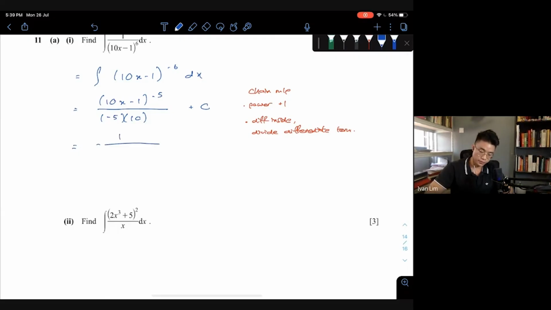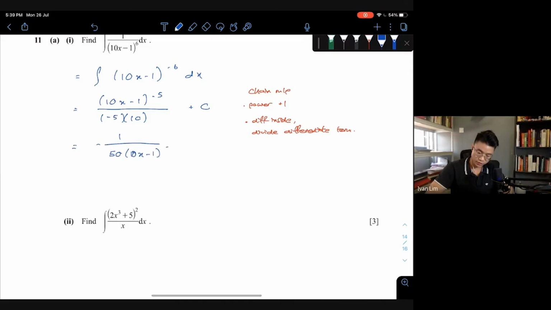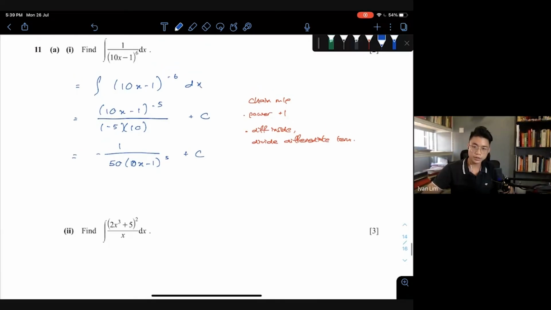It can be written as 50 times 10x minus 1 to the power of 5 plus C. So this is just your basic integration using the chain rule because it's inside the bracket.